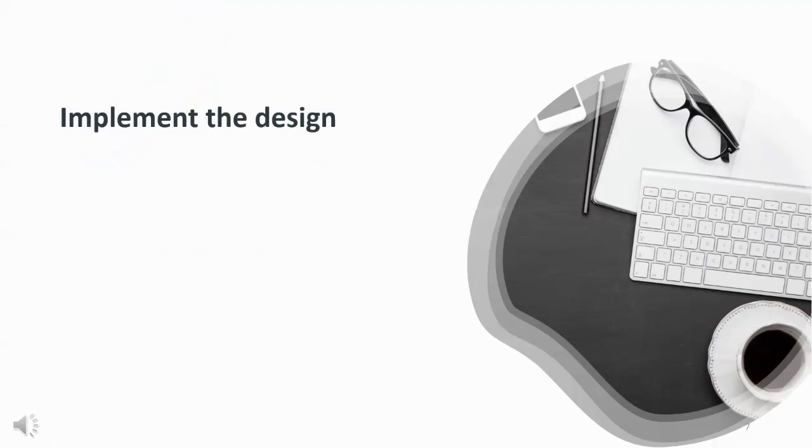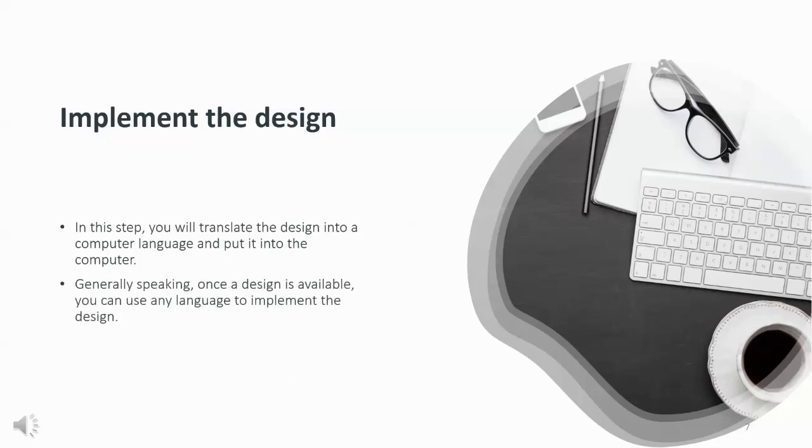Once you get the design, implement the design. In this step, you will translate the design into a computer language and put it into the computer. Generally speaking, once a design is available, you can use any language to implement the design.